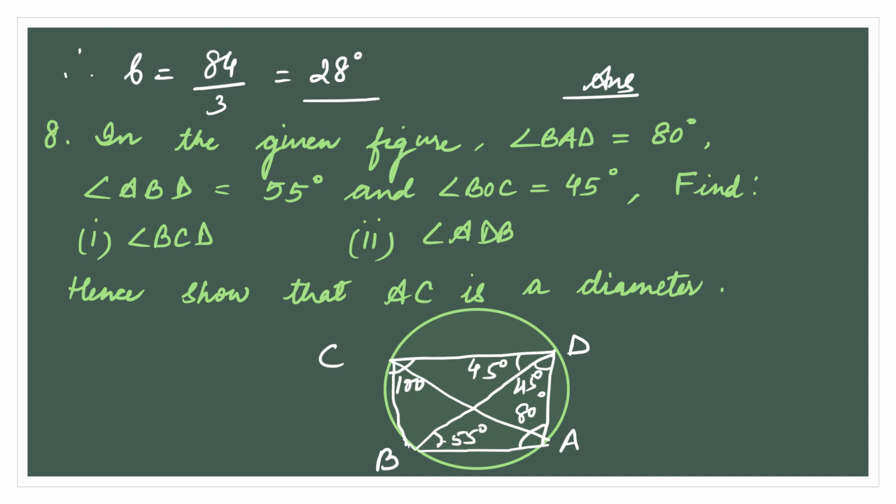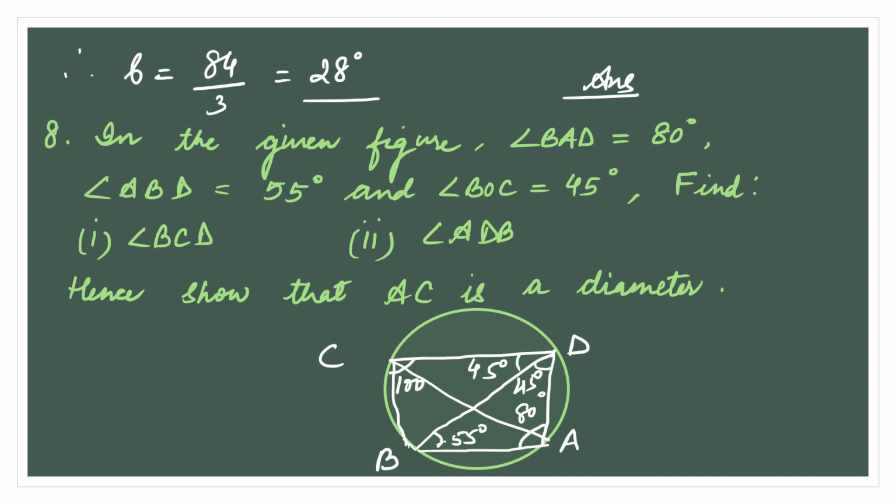So when an angle is formed in a semicircle on the circumference, only then it is 90 degrees. So from this we can prove that AC is the diameter, because CDA is equal to 90 degrees.